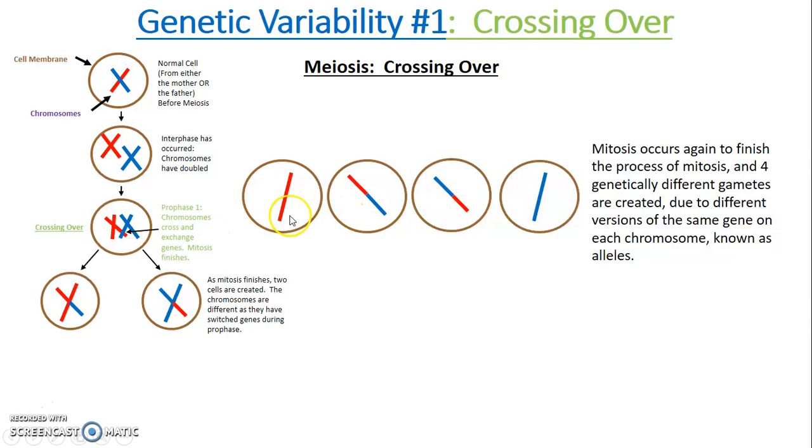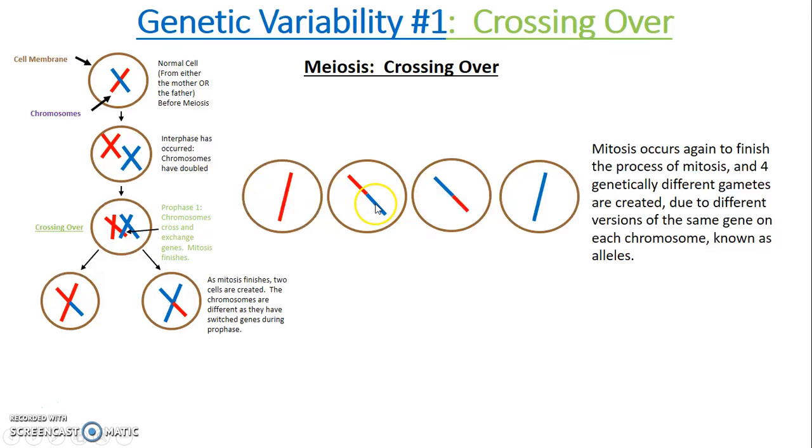And if you take a look, we can see that they're all different now because of those different colors I used. So we have this cell that has a red chromosome, and this cell that has half red and half blue, and this cell has half blue and half red, and this cell that has a full blue chromosome.